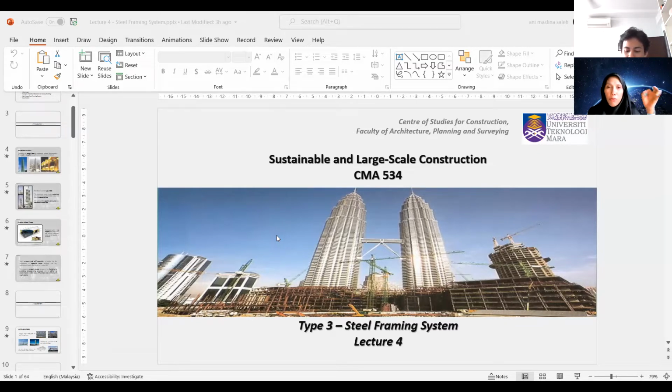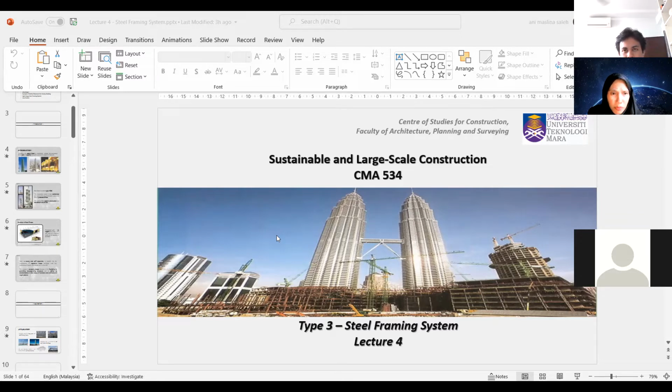Tapi cast in situ mean here for the formwork system because of the mechanized construction method. So that's why it is labeled as an IBS system, IBS type. Okay, boleh clear kat situ? Clear? Alright.